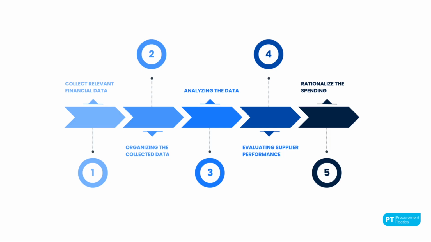The most classic standardized classification system that many companies use is the UNSPSC, or the United Nations Standard Products and Services Codes. In this step, you'll also be able to identify errors like duplicate entries or missing information.